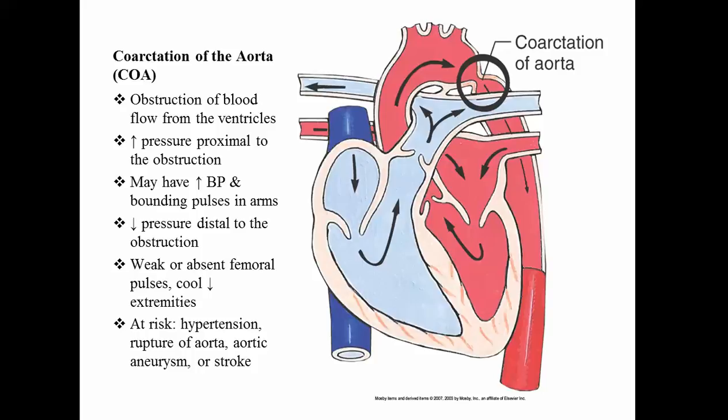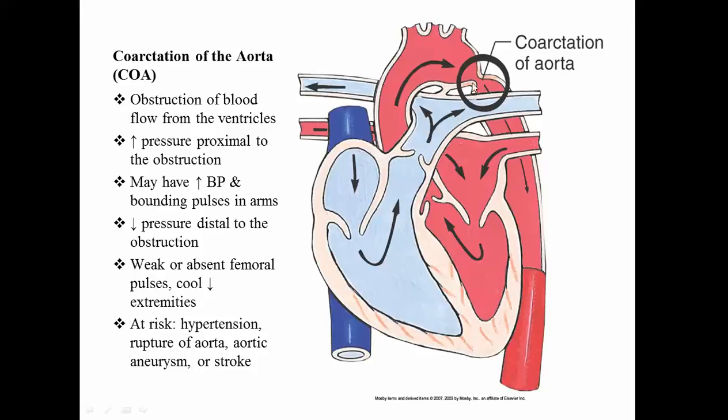And then you're going to have decreased pressure distal to the obstruction, so you're going to have weak or absent femoral pulses and cool extremities. The clinical manifestations then are that infants will show signs of heart failure. Older children may experience dizziness, headache, fainting, and nosebleeds from hypertension. These children are at risk for hypertension, rupture of the aorta, and aortic aneurysm, or stroke.